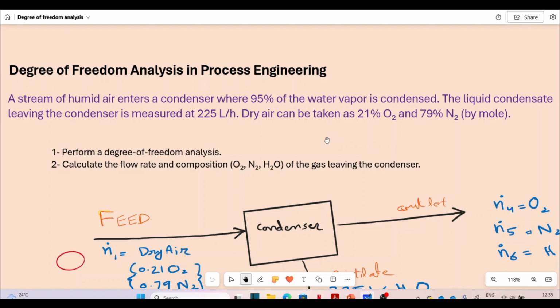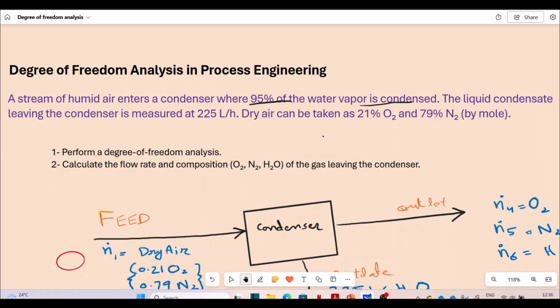This is the problem statement for today's lecture. A stream of humid air enters a condenser where 95% of the water vapor is condensed.